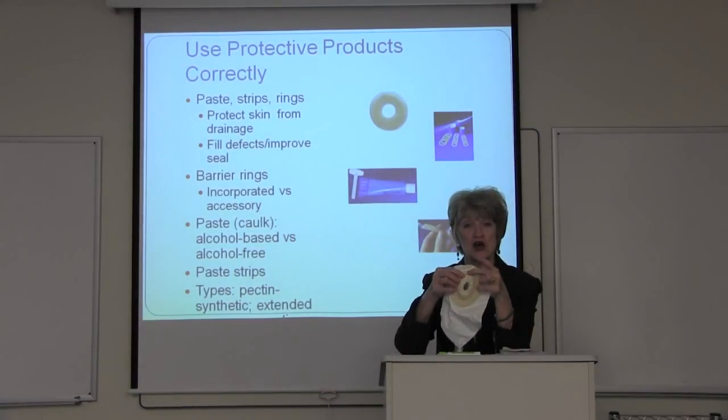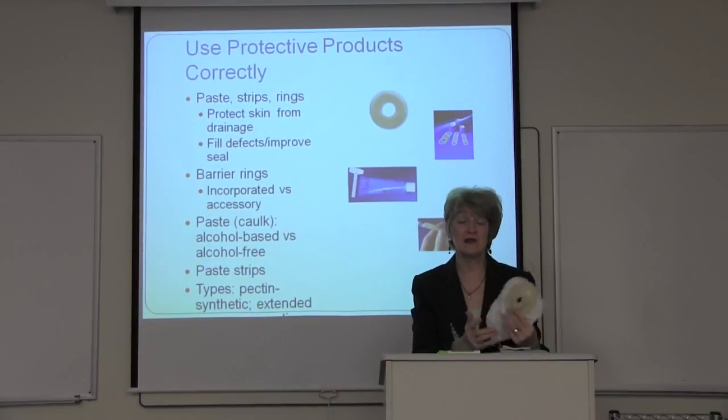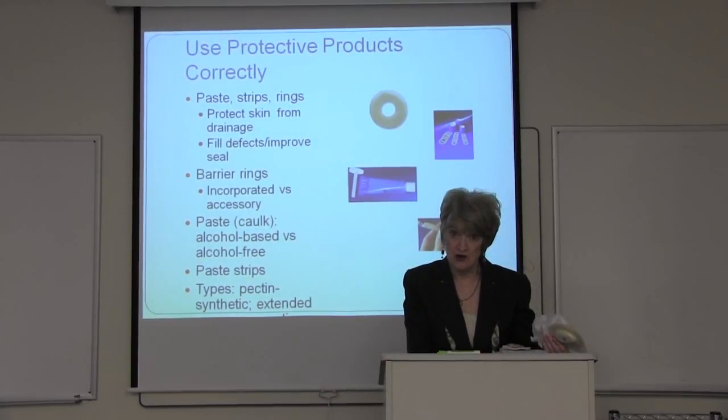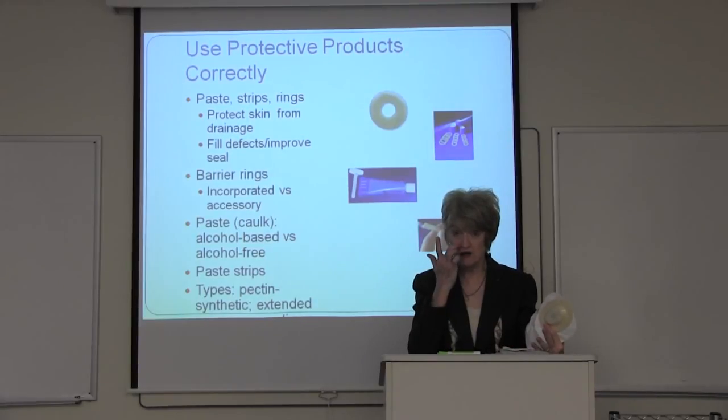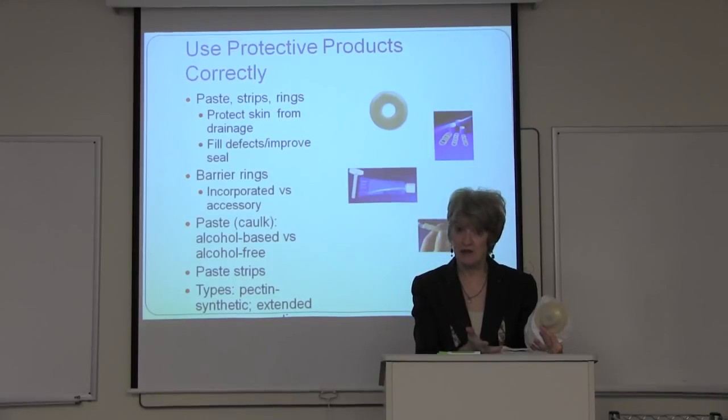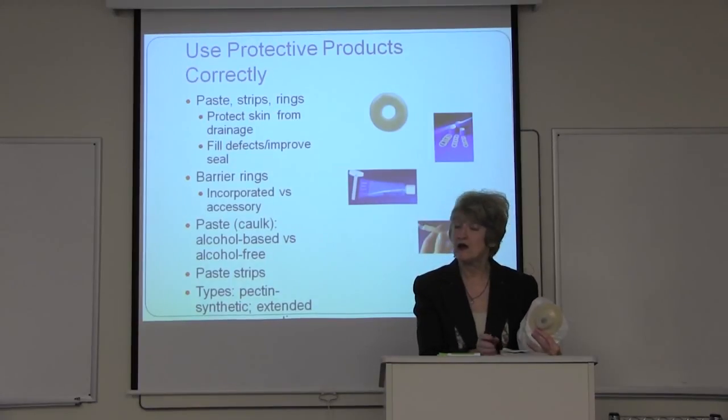So I just want you to know at this point that even though well over 90% of the products on the market are pectin, pectin gelatin, pectin CMC, or all three, there are companies that make non-pectin, non-gelatin products that are available should you have a patient who develops an allergy.